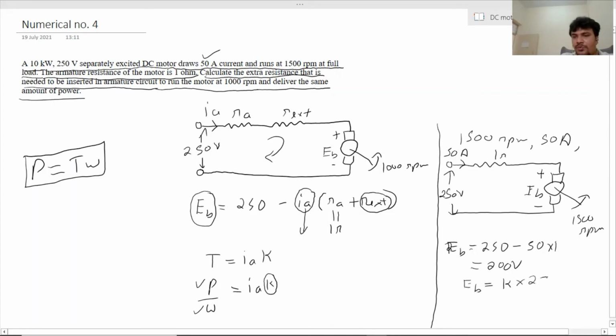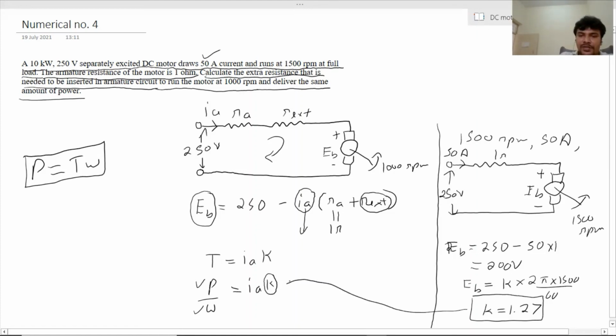Omega was 2 pi into 1500 divided by 60. So from here the K was coming out to be 1.27. So K is 1.27, and you know that the voltage constant is also equal to torque constant when the speed is in radian per second. So just apply this and calculate the current here.